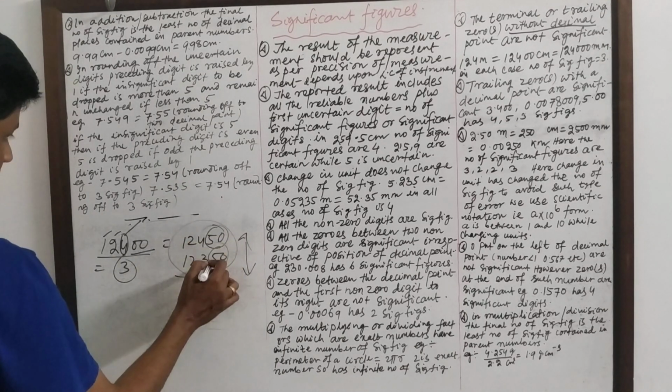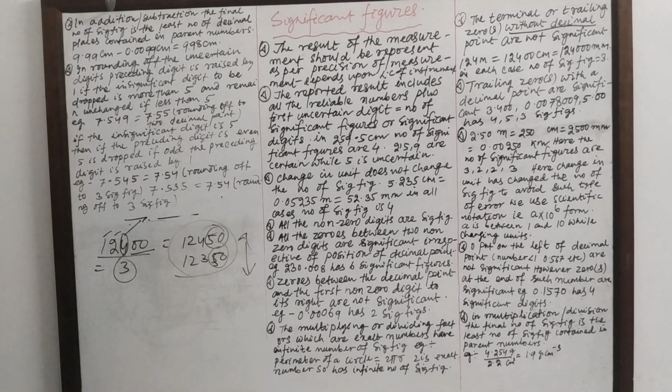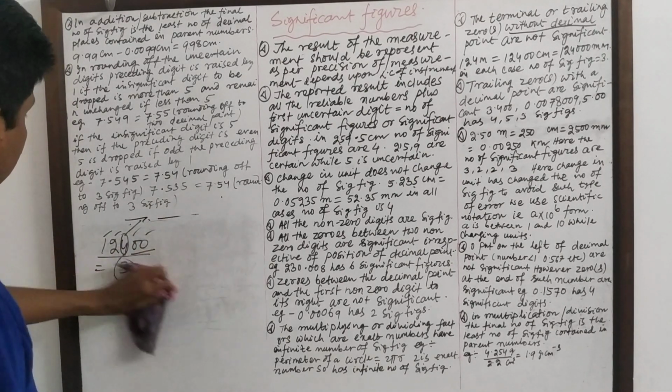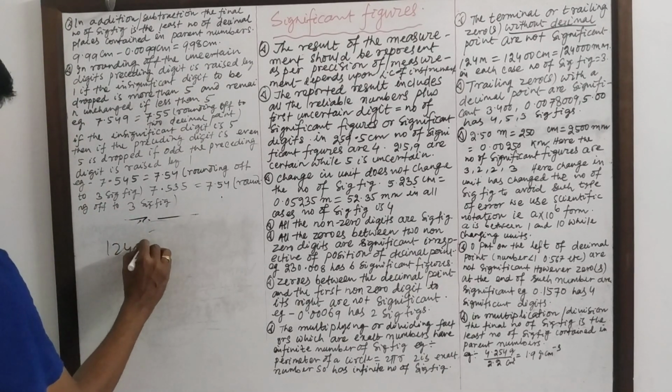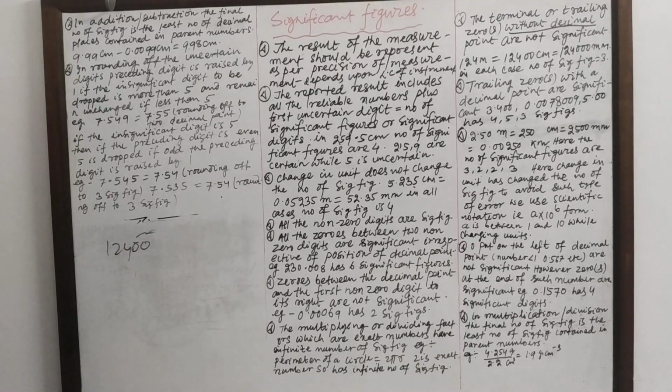We are uncertain about the last 50s. Thus the trailing zeros are not significant. In 12400, these trailing zeros are not significant.